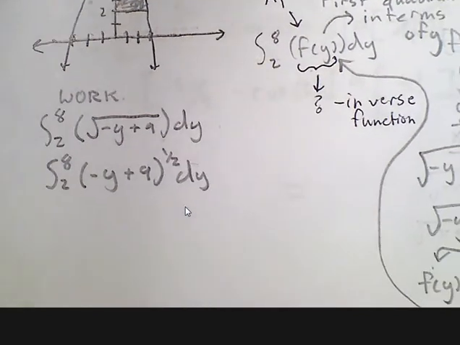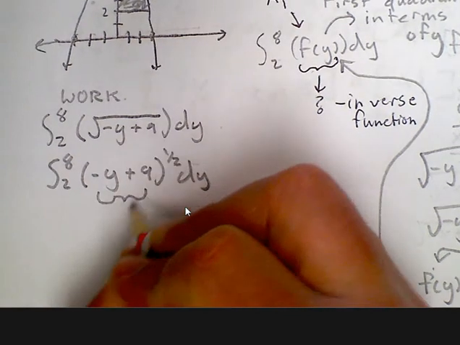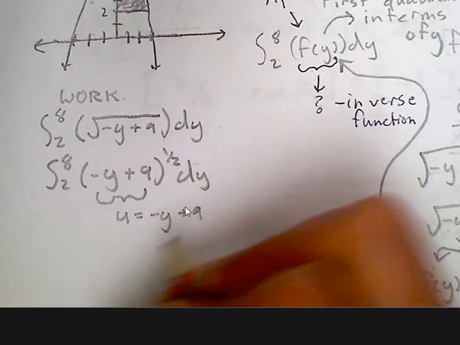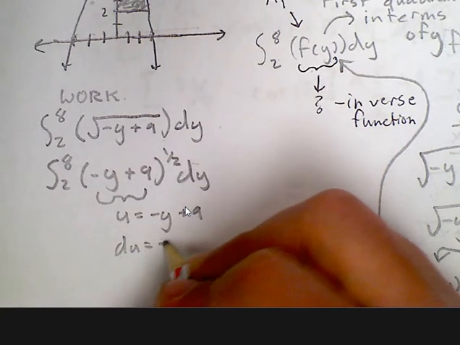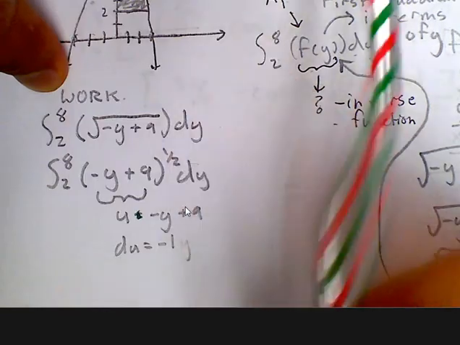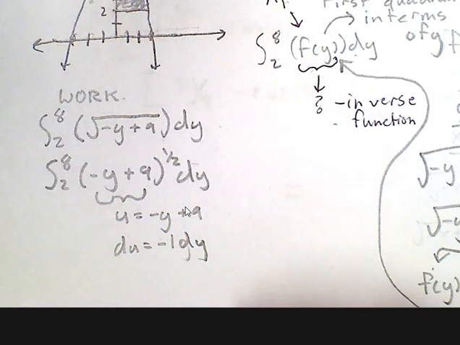Now, not all your problems are going to have a u sub, but this one does. U is equal to negative y plus 9. Du is equal to negative 1 dy.